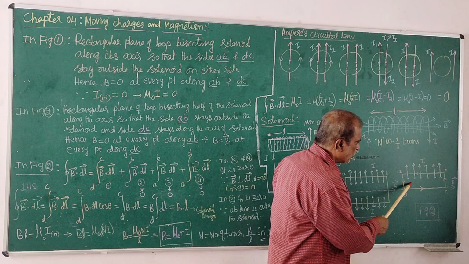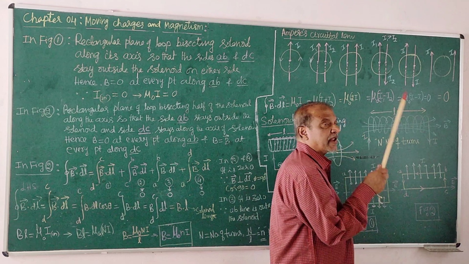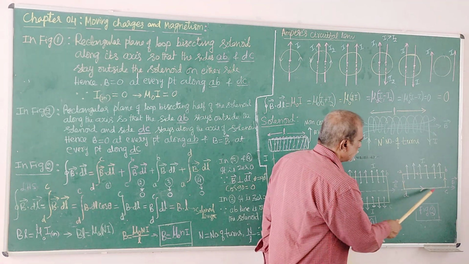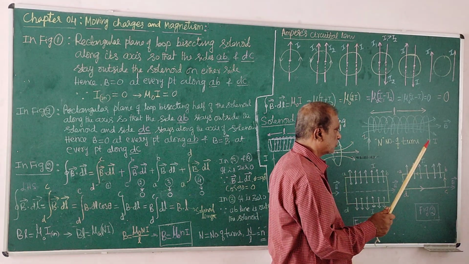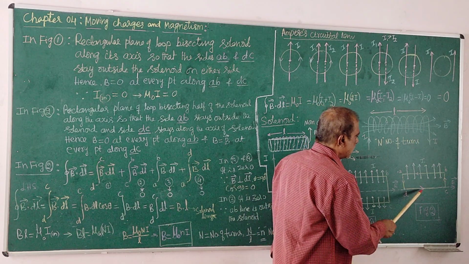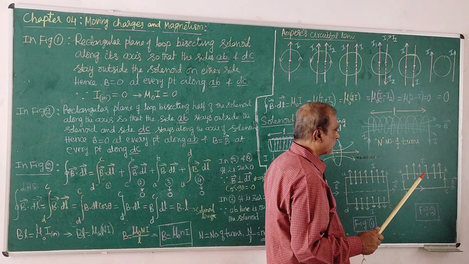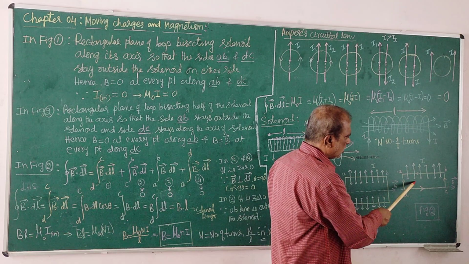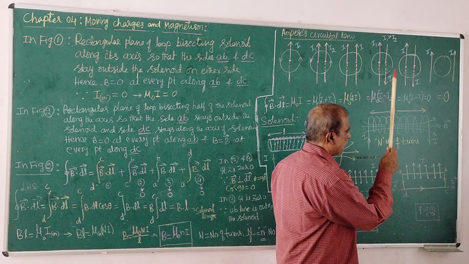So this loop produces the magnetic field. You have to calculate the magnetic field over the entire line of the loop, because the current passes through the plane of this loop in only one direction.